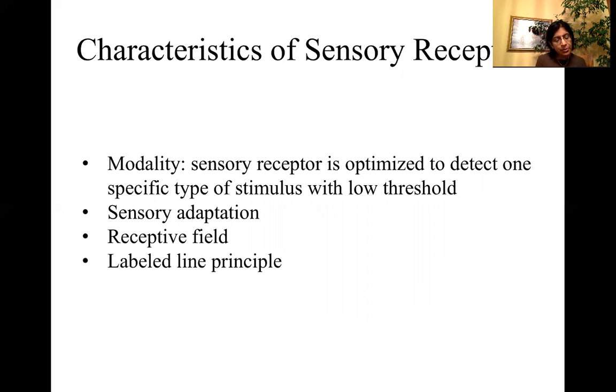So a sensory receptor could be a nerve ending, but it typically synapses with another neuron and maybe yet another neuron. In that situation, you would have one originating at the sensory receptor referred to as a first order neuron. Then the one that it synapses with next is called the second order neuron. The one it synapses with later is called third order neuron. So first order, second order, third order neurons is how the pathway is constructed.